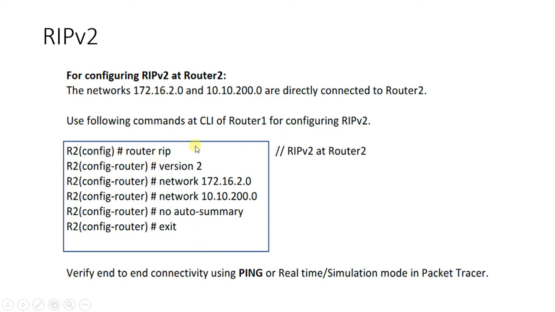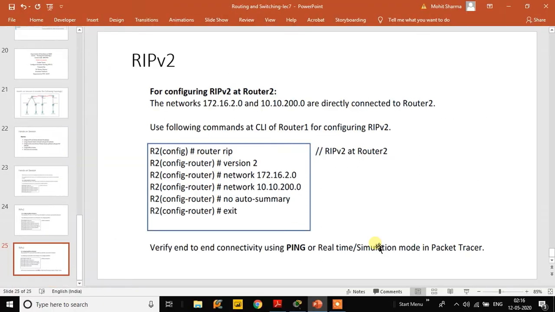Similarly at router 2 also we'll find out the directly connected networks, and we will advertise those networks, and then we will check and verify whether we are able to ping from one network to another. So we will see all these commands, how to do it in Packet Tracer.